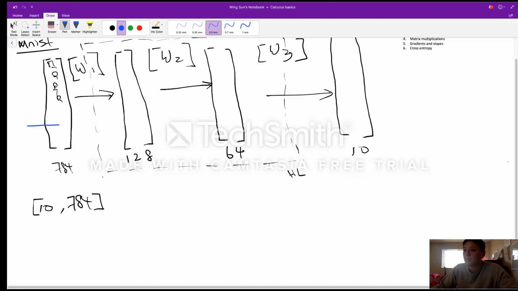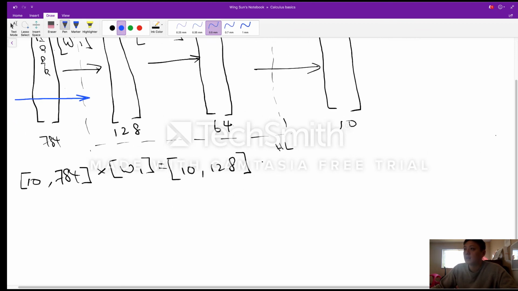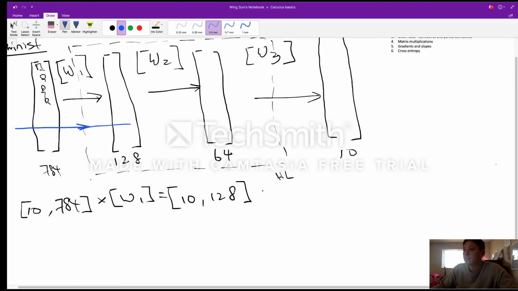As it passes through here, you're going to multiply this with a matrix W1, which will turn this into a 10 by 128. Then it comes out as this, and goes through another matrix multiplication.